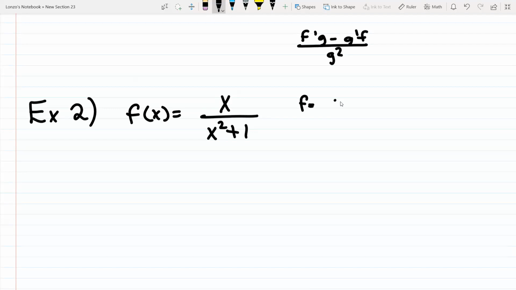My f value would be x. My f prime would be 1. And then my g would be x squared plus 1. My g prime would be 2x.